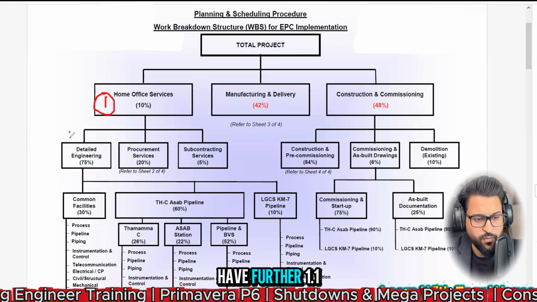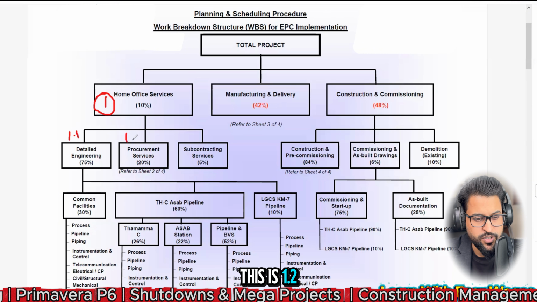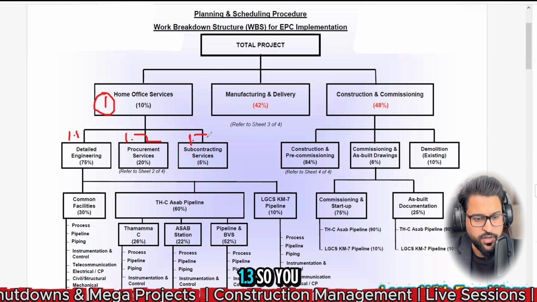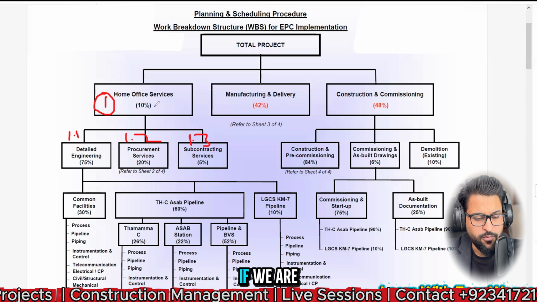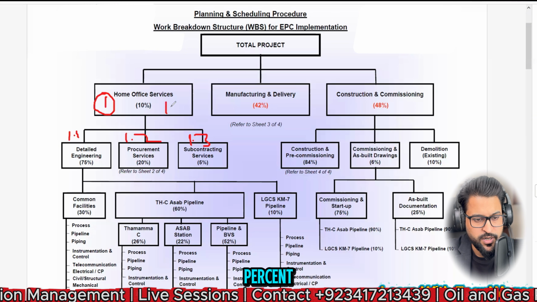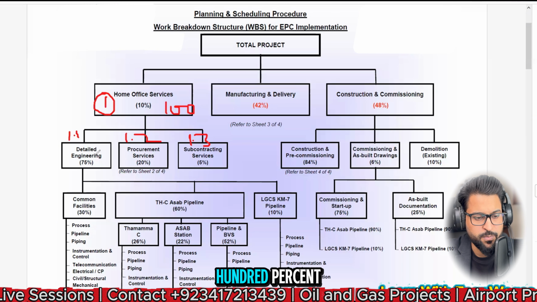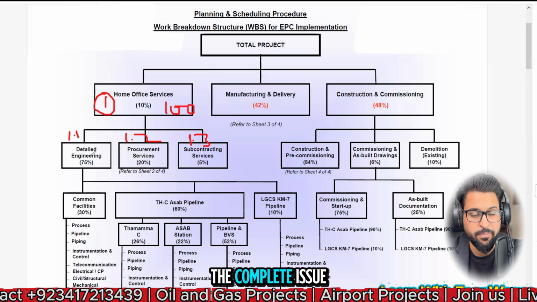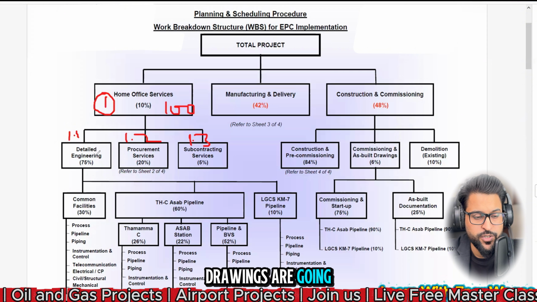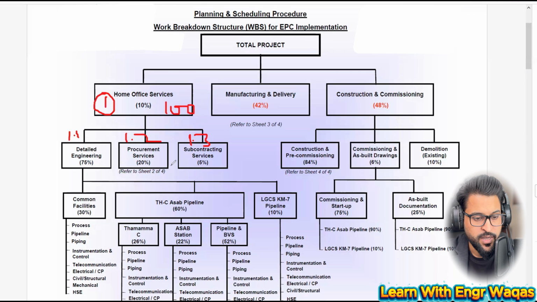In this you have 1.1, 1.2 and 1.3. Considering this 100% alone, detailed engineering design, the complete issue for construction drawings, gets a value of 75%. 20% is procurement services and 5% is subcontracting services, or you can say bidding services. At every level, when you add all of these up, it is going to give you 100%, right?